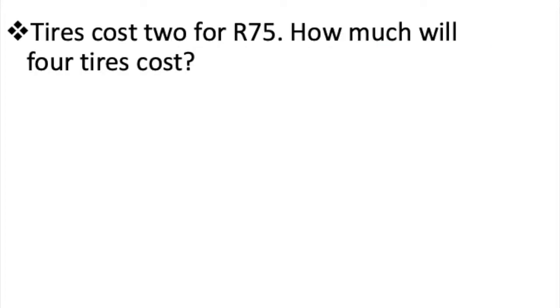Let's look at another example. If 2 tires cost 75 rand, how many will 4 tires cost? Can you put this in a fraction format so you can work out this proportion?